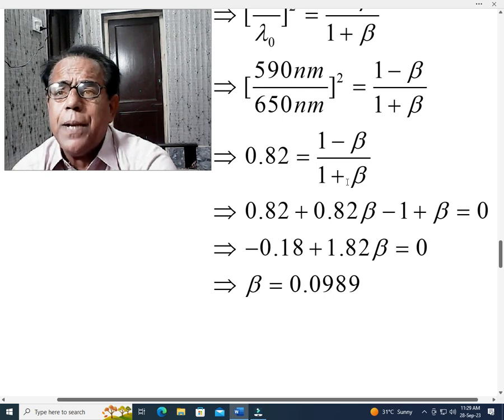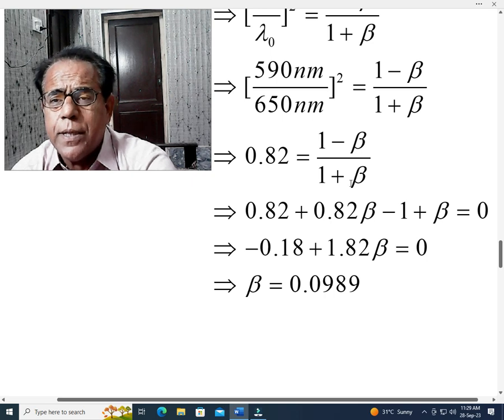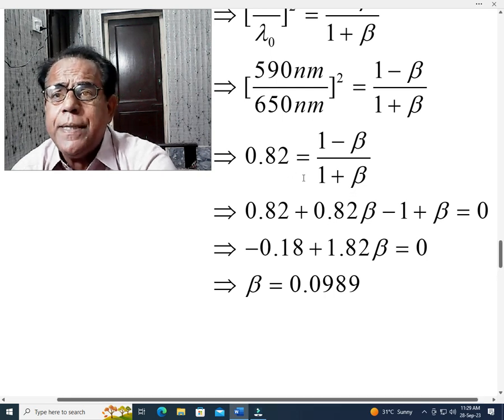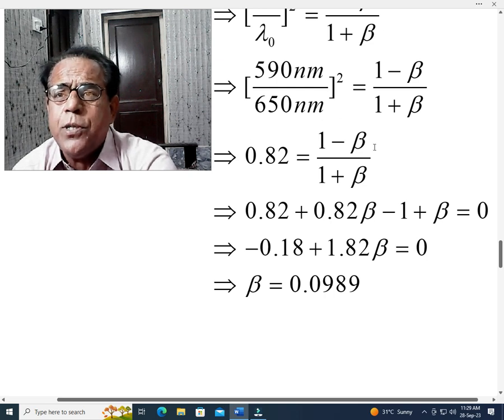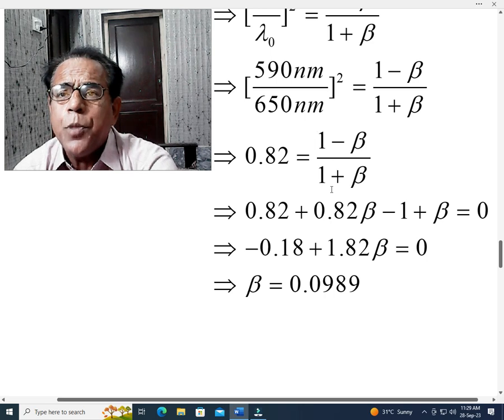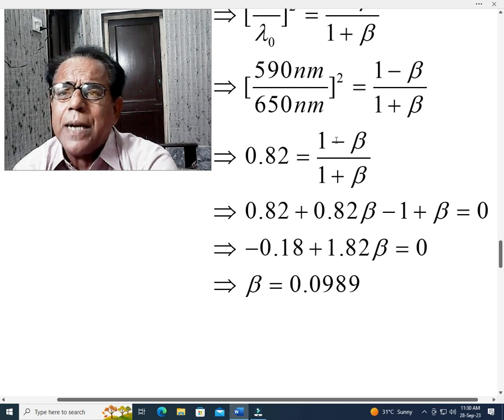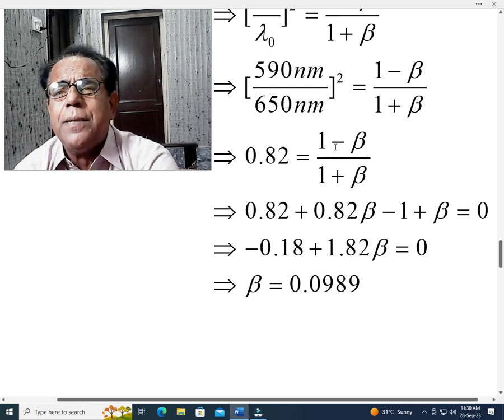Now we shift 1 plus beta to the other side of equality. The denominator has been multiplied with this, and then this figure is shifted to the other side of equality, due to which it will become negative. This dividing factor will become a multiplying factor, while this factor will be shifted to the other side of equality and become minus.